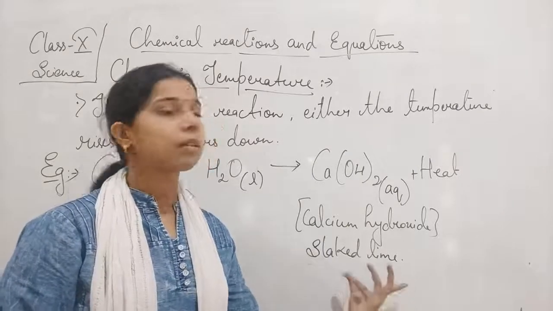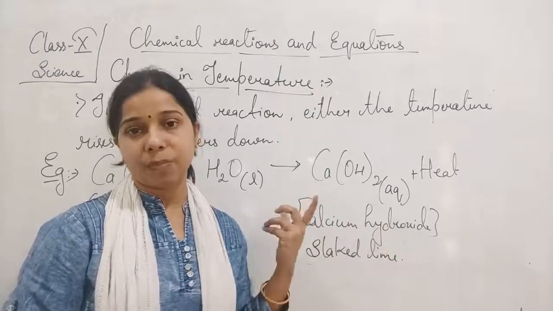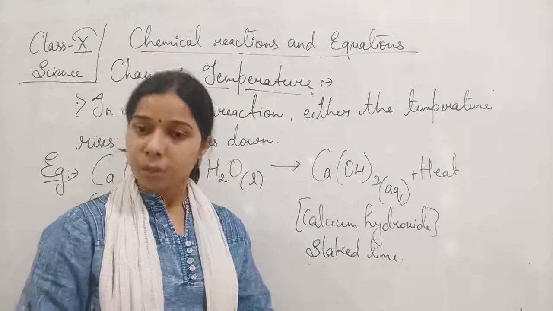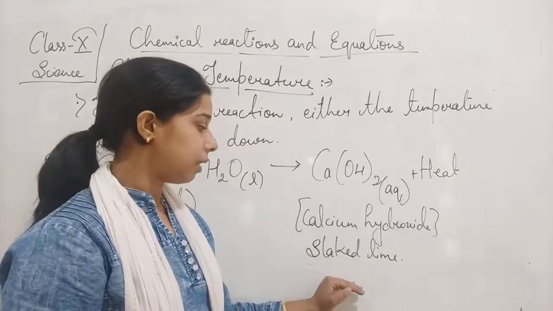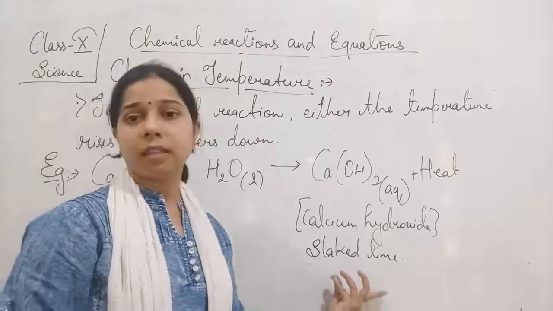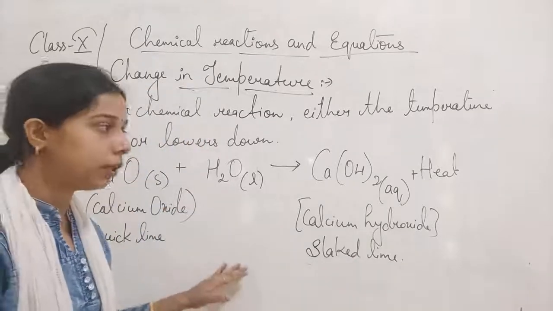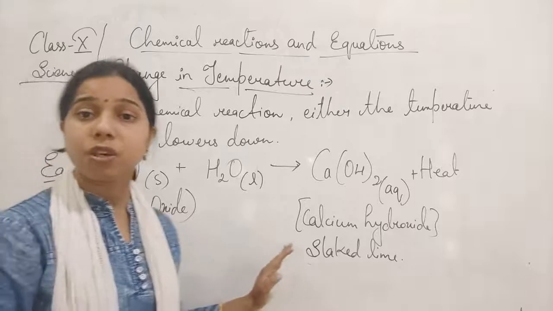So this is the change in temperature. Although we also call it an exothermic reaction, we'll discuss that later. In that also the heat is produced. Till then, just understand that here heat is produced, it means the temperature rises.